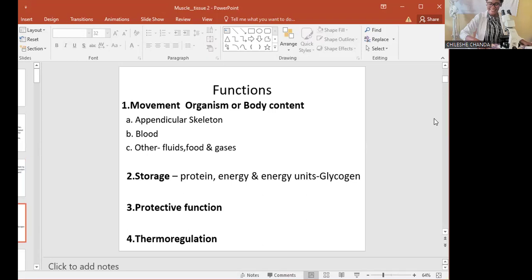Some functions of muscle tissue include, one, movement. Obviously, for you to move from one place to another, it is made possible by your muscles. The muscles have to move in accordance to how you want to move. For example, if your leg has to flex, the thigh muscles have to contract.